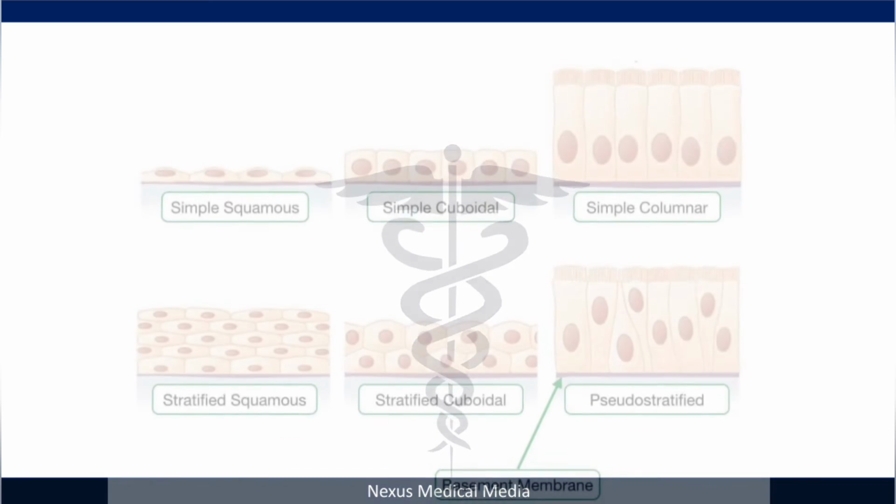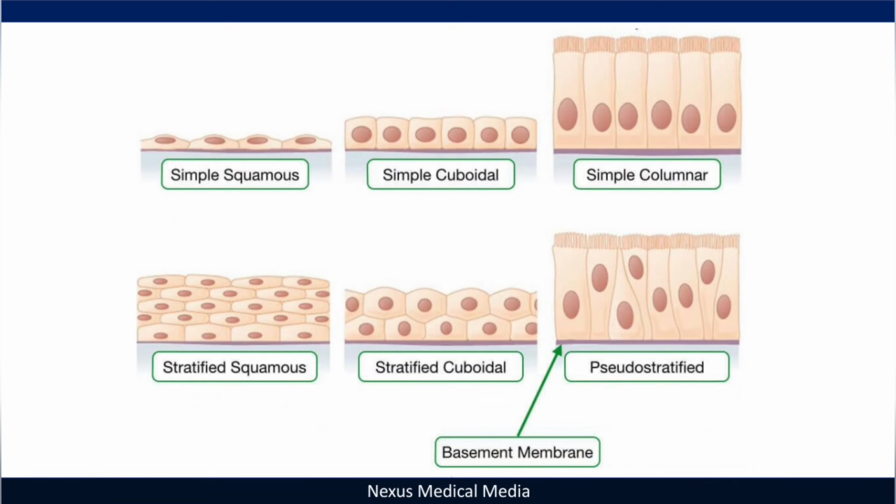So this is what I was just trying to say. Simple squamous: you see, this is squamous, it's flat and it's one layer. Simple cuboidal: it's one layer and the cells are cuboidal. And simple columnar: one layer and the cells are columnar.